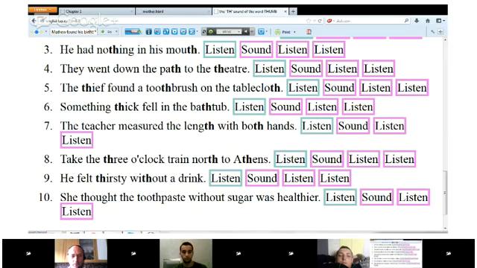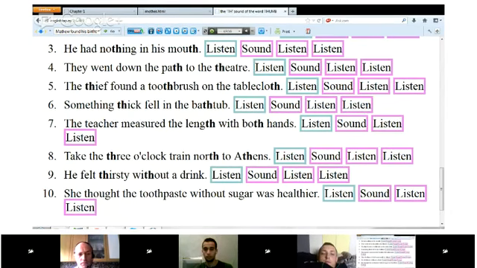Take the 3 o'clock, turn north to Athens. Yeah, every word was good apart from train, because your train, again, we had just now a merger. We had a merger which was egg and train. This is a merger. We had it with fell and fail.